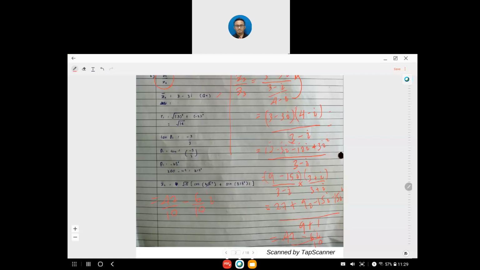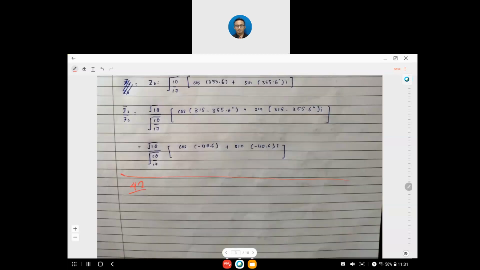So this one also same thing, placed at the fourth quadrant. Okay, 42 over 10, your final answer, 42 over 10 minus 6 over 10i.